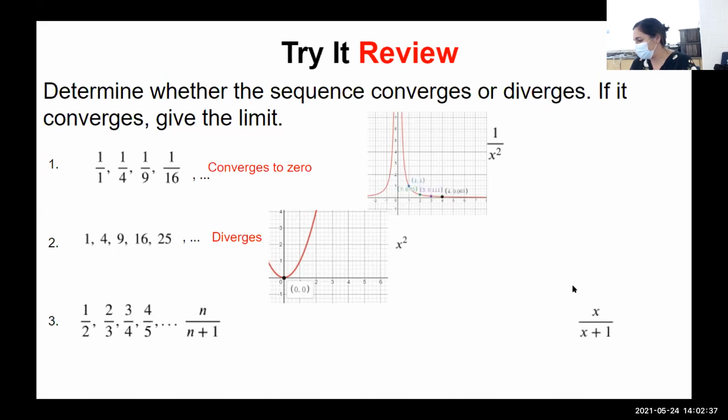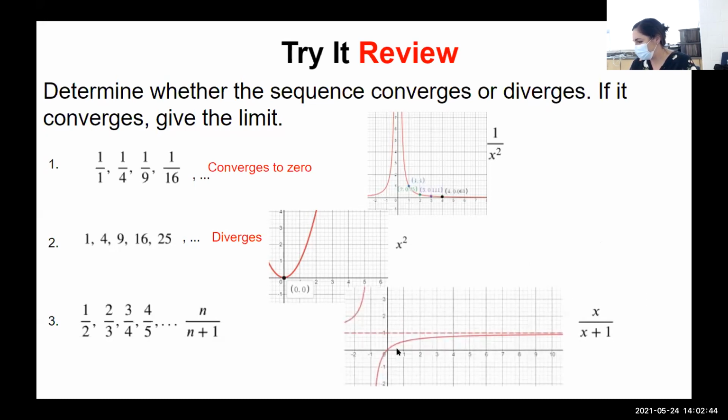You could compare that to the function f of x equals x over x plus 1. If we look at this function, the limit as x approaches infinity is 1. So this sequence is going to converge to 1.